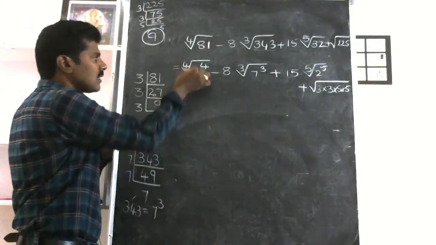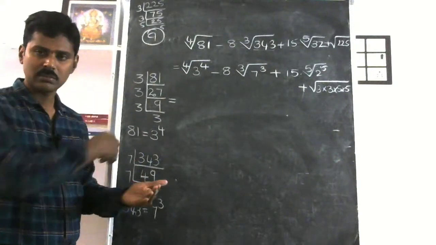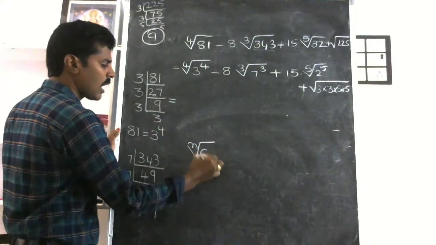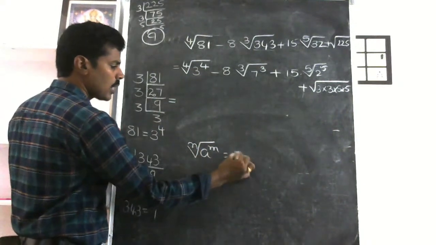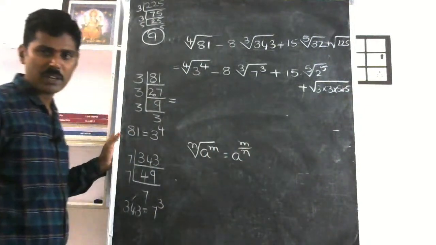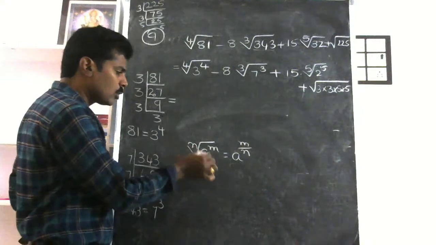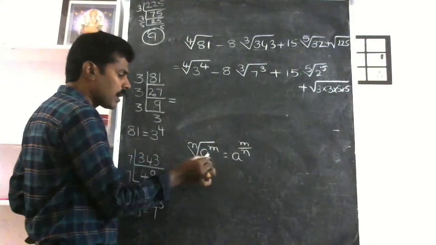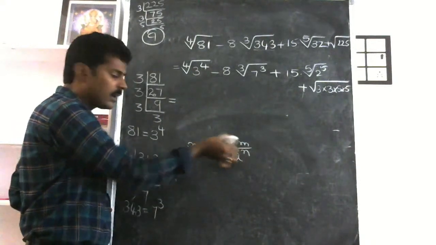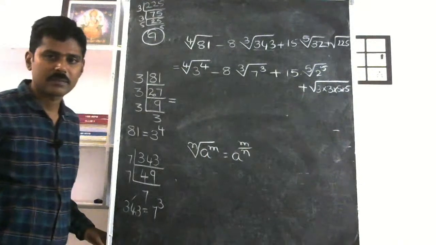Now we convert this radical form into exponential form. How can we do that? The nth root of a power m is nothing but a power m by n. That I have mentioned in the starting definition. A should be written the same, the exponent should be written in the numerator, and the order in the denominator.